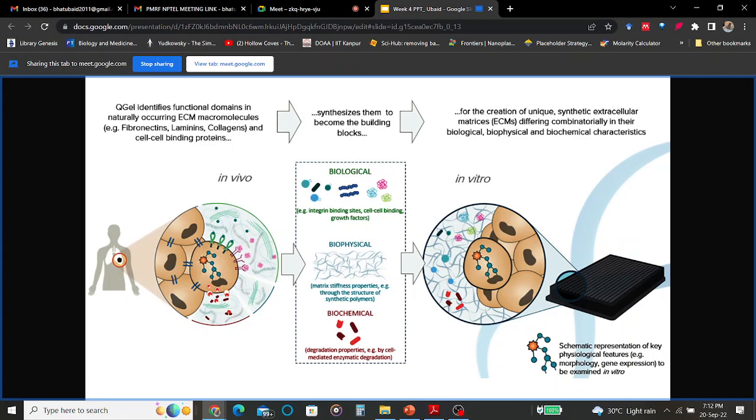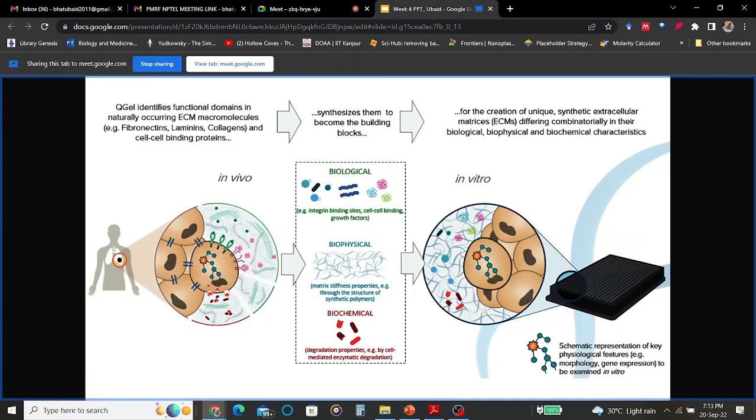This extracellular matrix also regulates tissue homeostasis, as it secretes various factors which help in the homeostasis of the cells. It is also known to regulate pathophysiological conditions.